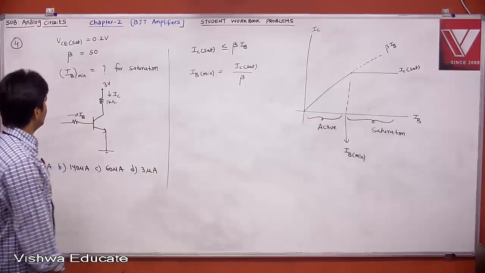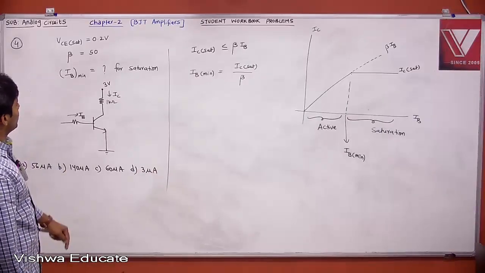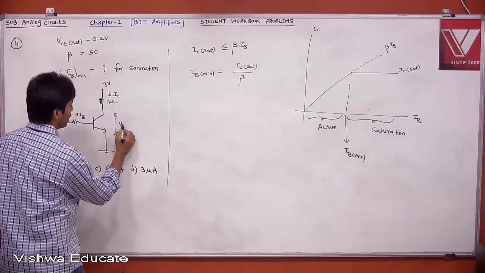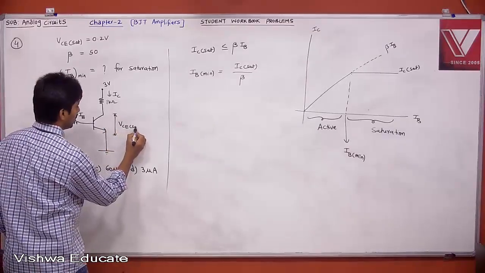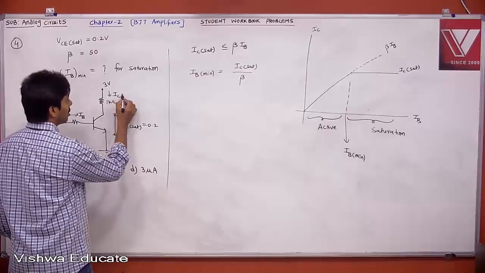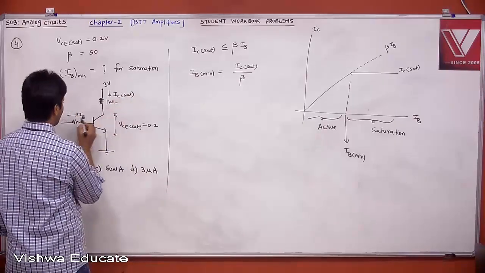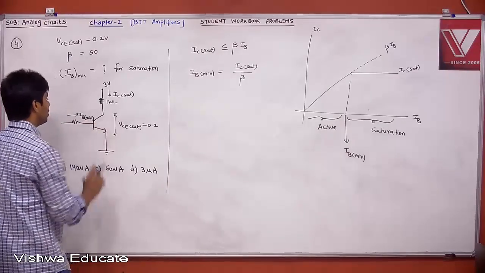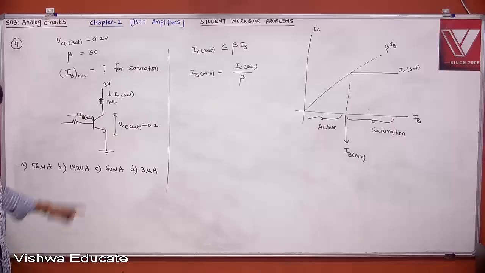Now VCE sat is given, beta is given. When the transistor is in saturation, your VCE sat is 0.2, then can't you find IC sat? This is nothing but your IC sat, and this is IB minimum. I am just correcting it.